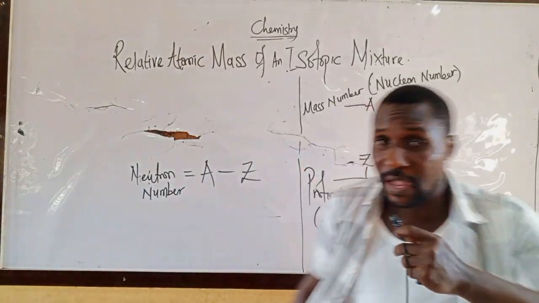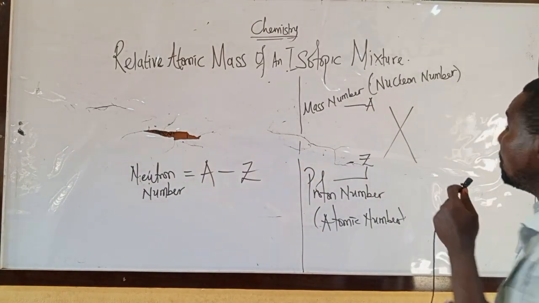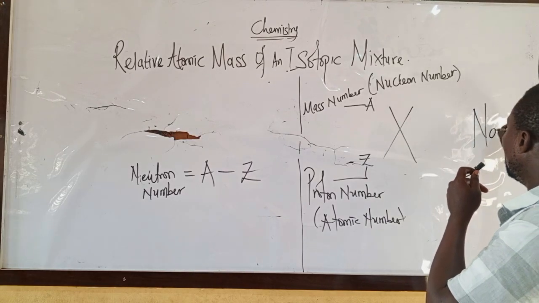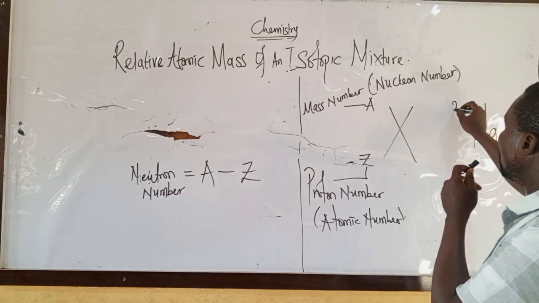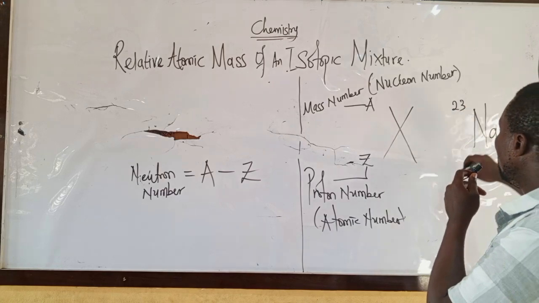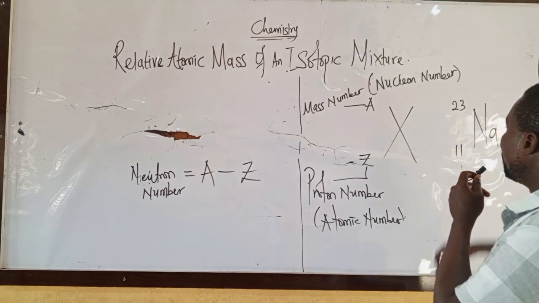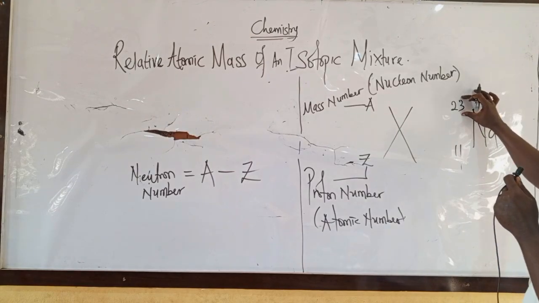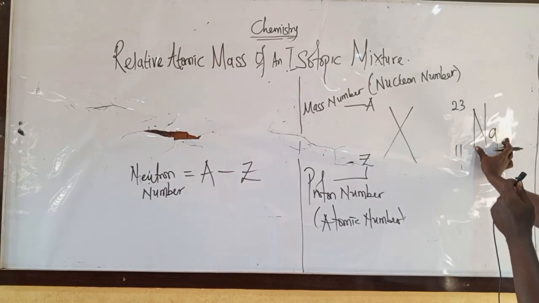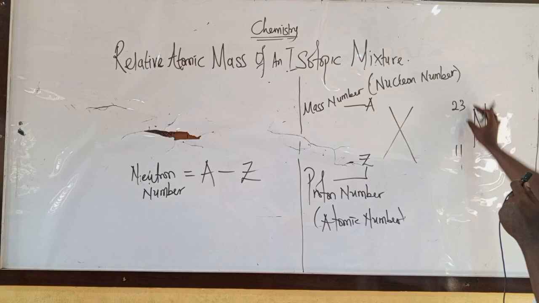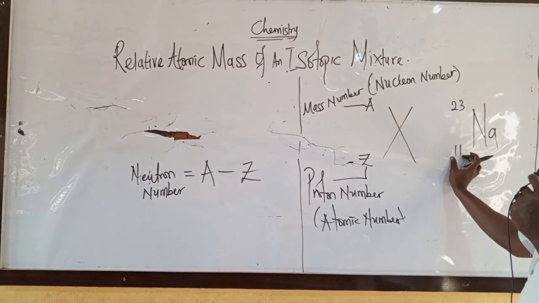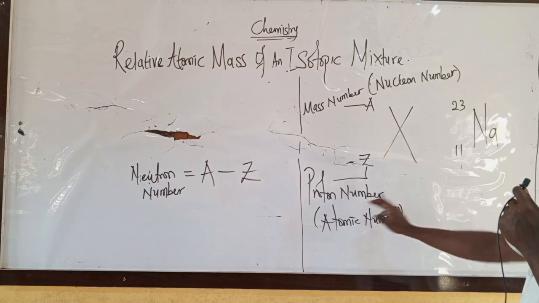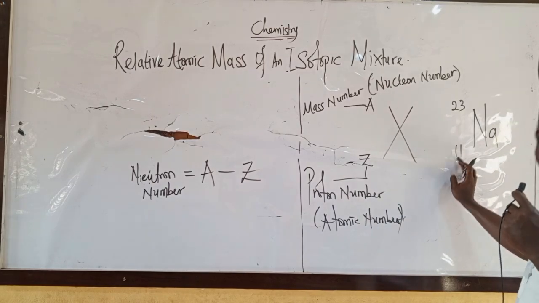For example, if I have an atom of sodium, with mass number of 23 and proton number of 11. The mass number of a sodium atom is 23, while the atomic number, also known as proton number, is 11.